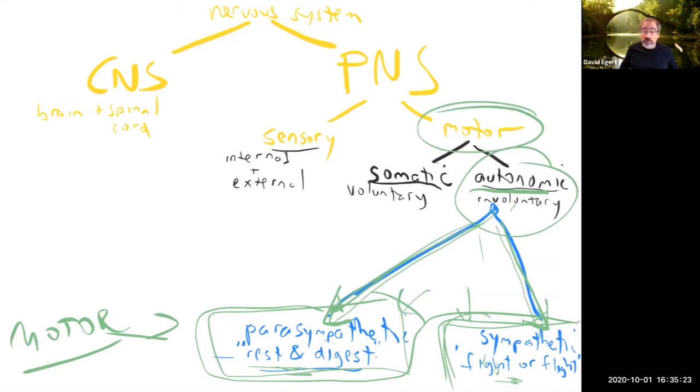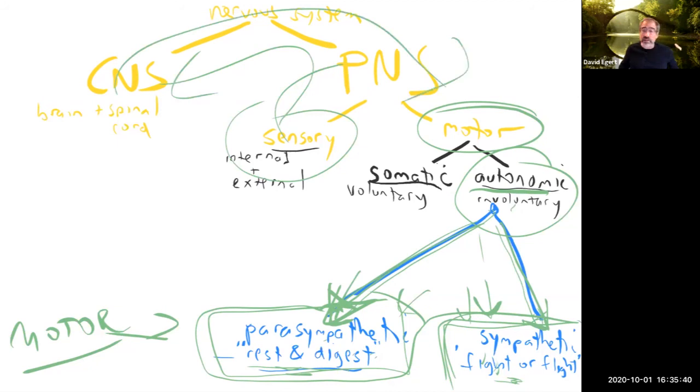So if we are talking about the sympathetic nervous system, we're talking about activating muscles and glands. If we're talking about parasympathetic, again, we're operating muscles and glands. There might be some sensory information that came in that is resulting in some activity in one of these, but these are specifically motor subdivisions.